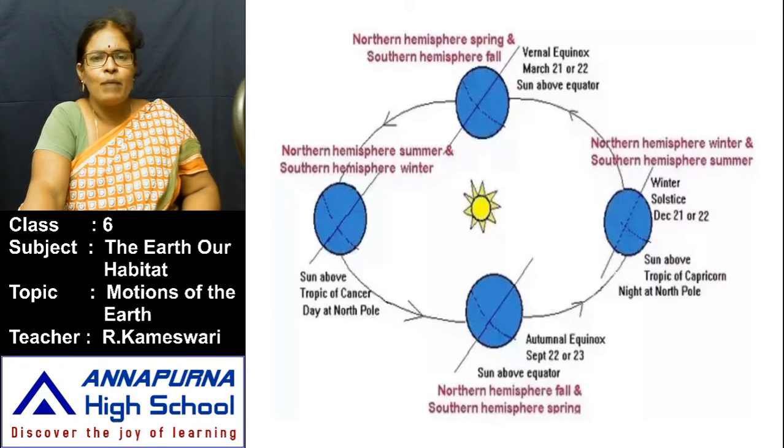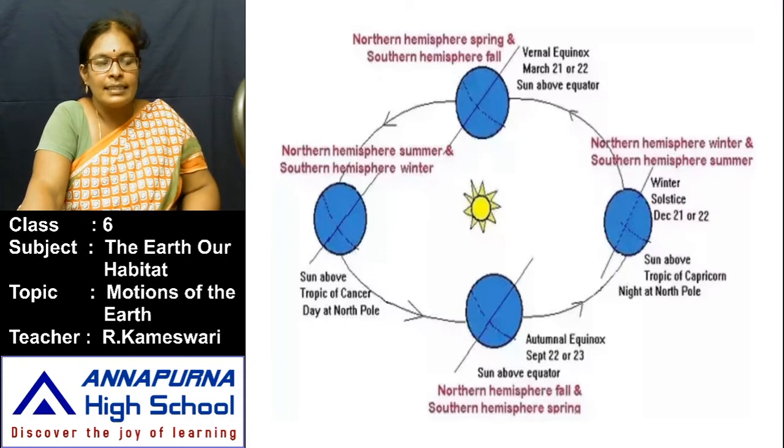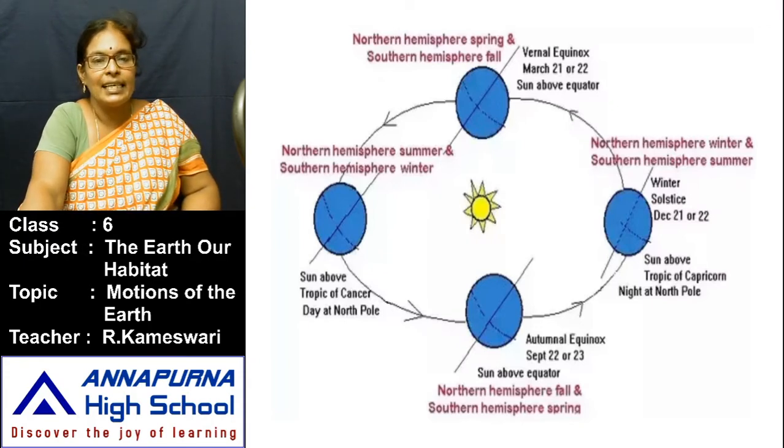See here, March 21st. On this date, the sun rays fall vertically on the equator. March 21st onwards, the sun rays fall vertically towards the northern hemisphere.